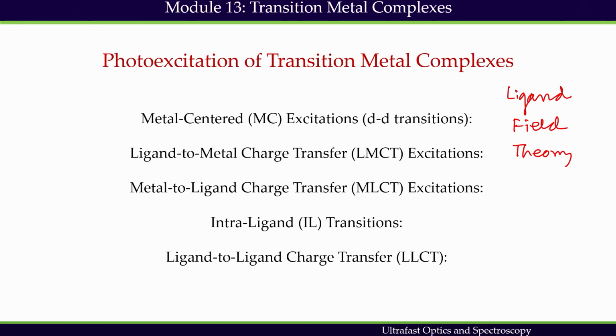The first one is metal centered excitation, which is also called DD electronic transition. So, if I assume that I have a transition metal complex, let us say this kind of structure, with M representing metal and L representing the ligand.